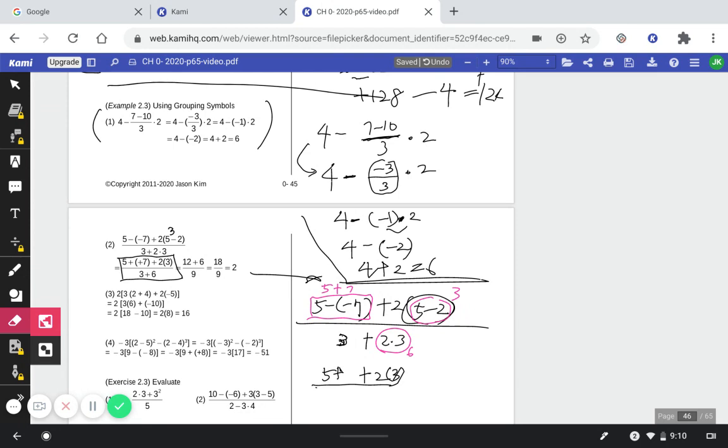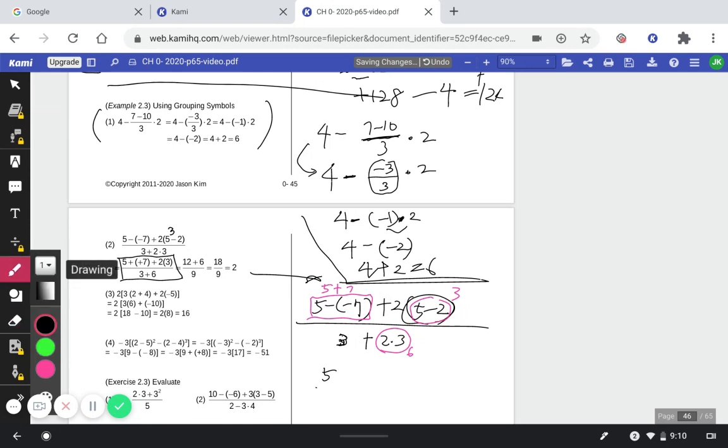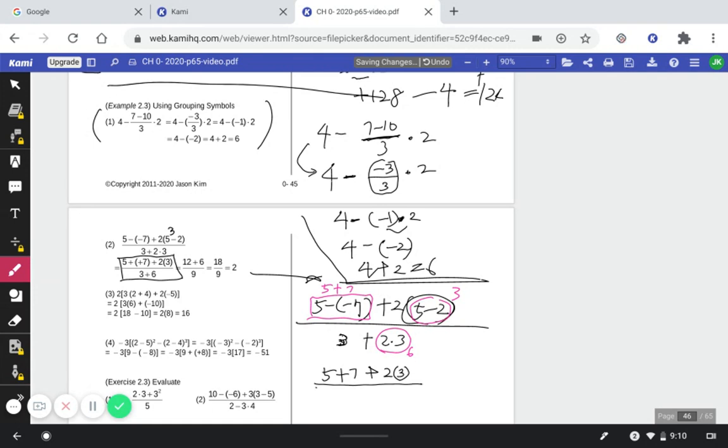So if I write it more clearly, okay, again, 5 plus 7, and then you have plus 2 times 3, and then divide this whole thing by 3 plus 6.